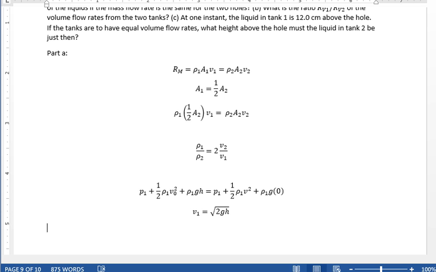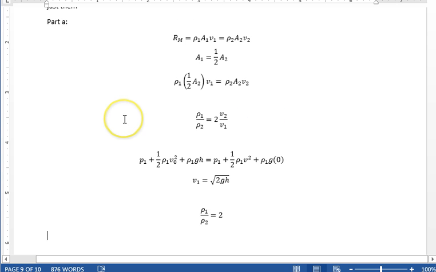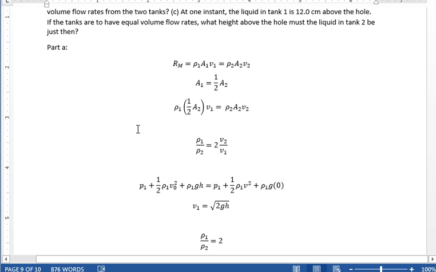For both tank 1 and tank 2, we start off at the same height, so these velocities are the same. And so what we get out of this is that rho 1 over rho 2 is 2. So the fluid in tank 1 is about twice as dense as the fluid in tank 2.